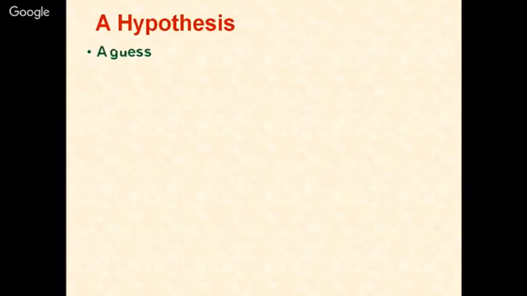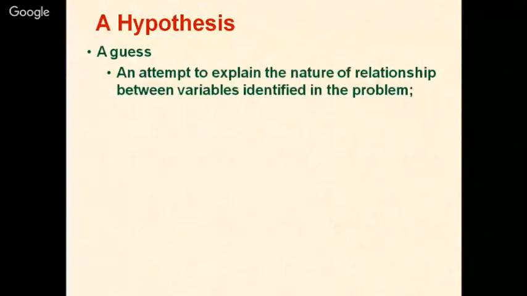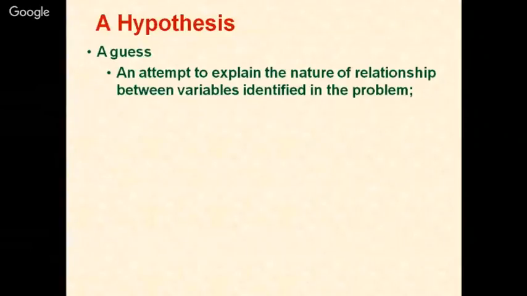So a guess, an attempt to explain the nature of relationship between variables identified in the problem. I say there exists a significant relationship between the teaching experience and the achievement of students in digital electronics. There exists a significant relationship.